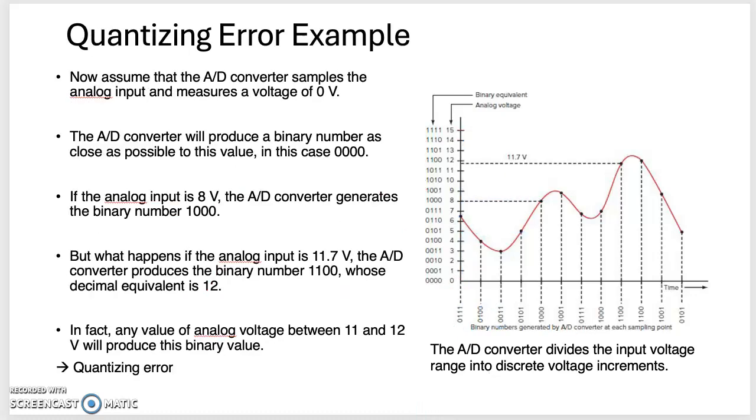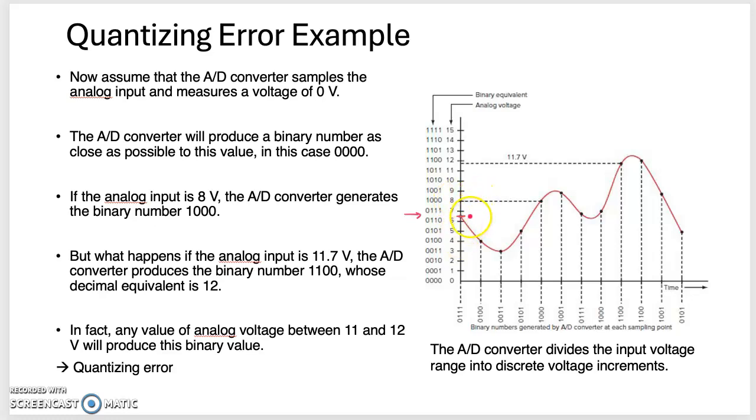And then we talked about quantizing error. We know that these infinite points of the analog signal cannot be translated to digital accurately at some points. So for example, at this point, it is between 0, 1, 1, 0 and 0, 1, 1, 1.